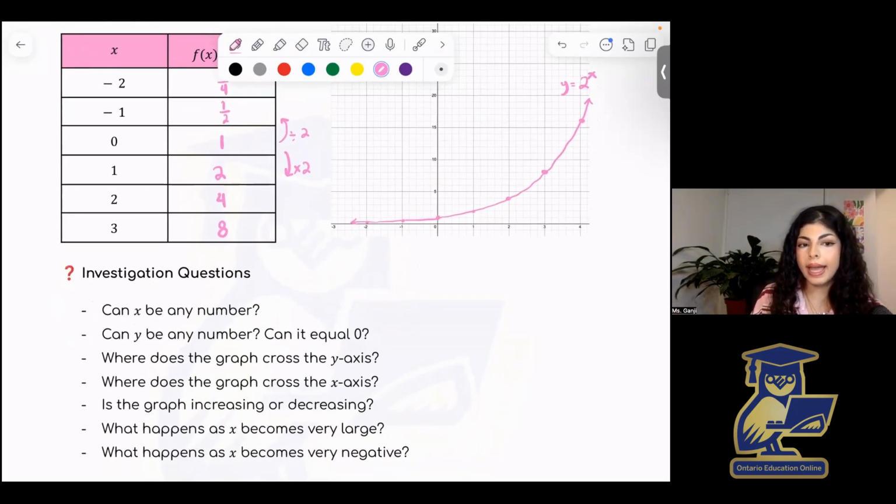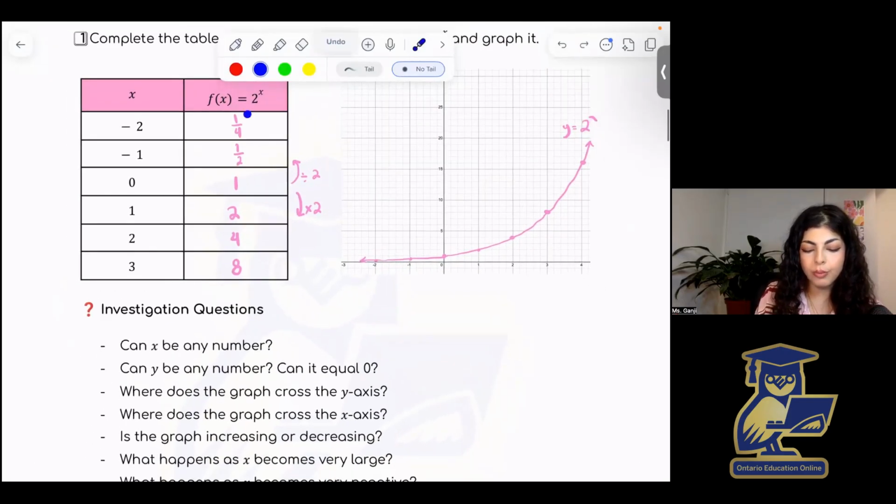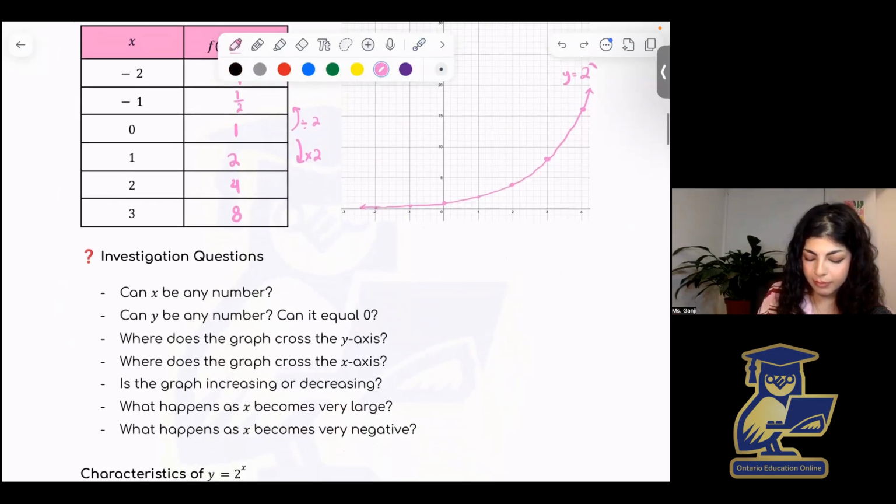So first, can x be any number? So this is telling us our domain. Can I have any exponent value when I have a base of 2? And yes, we can. X can be any positive or negative real number. Now, can y be any number?